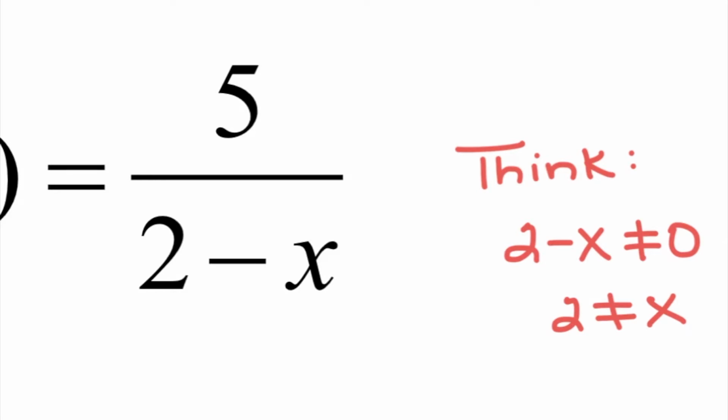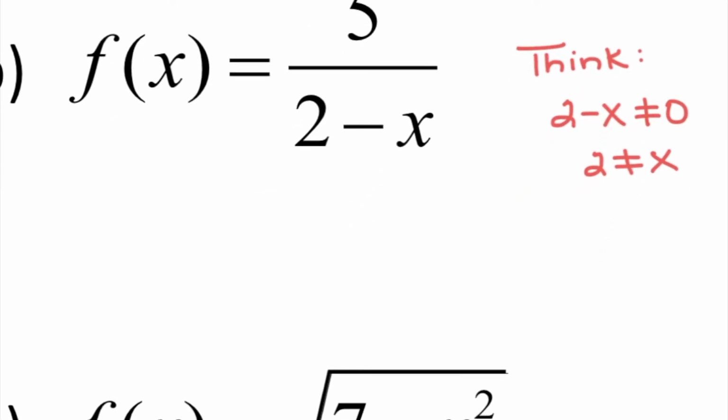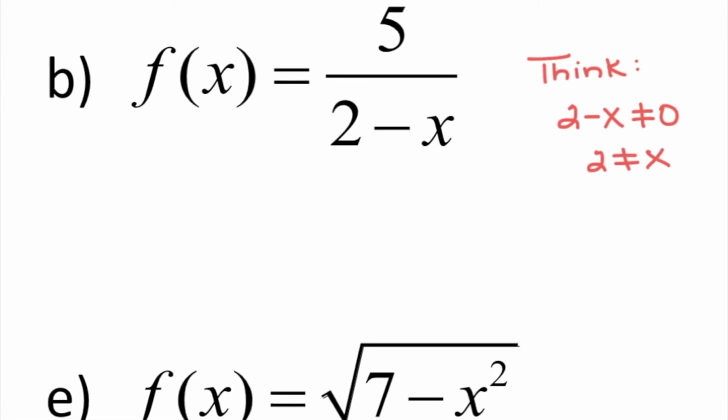Basically, I'm solving that equation. And if x can't equal 2, but it can equal any other number, 2 is the only number that would make that denominator 0. Therefore, 2 is the only number out of all real numbers that's not in the domain of this function.